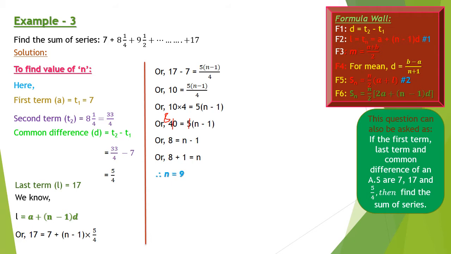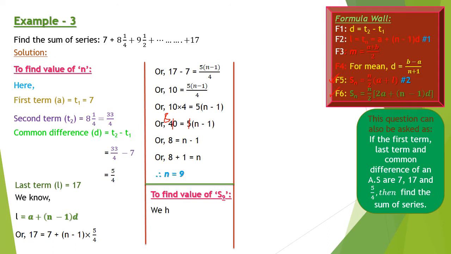So we have the value of n. Now you can use any formula, because there is a last term and we have to do less process. So we go for formula 5 to find the value of S9, because there are only 9 terms. We use formula F5; we can use F6 also.